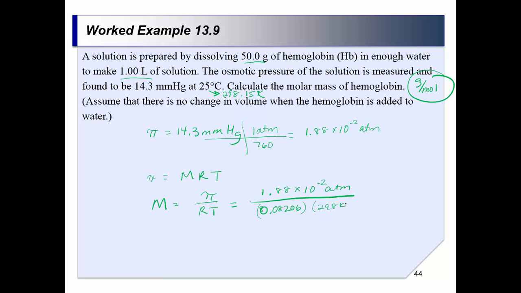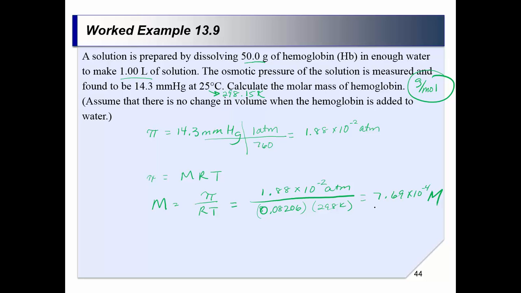So we get a capital M molarity of 7.69 times 10 to the negative 4 molar. Now remember that capital M molarity is moles per liter. We have 1 liter of solution, therefore we have this many moles.